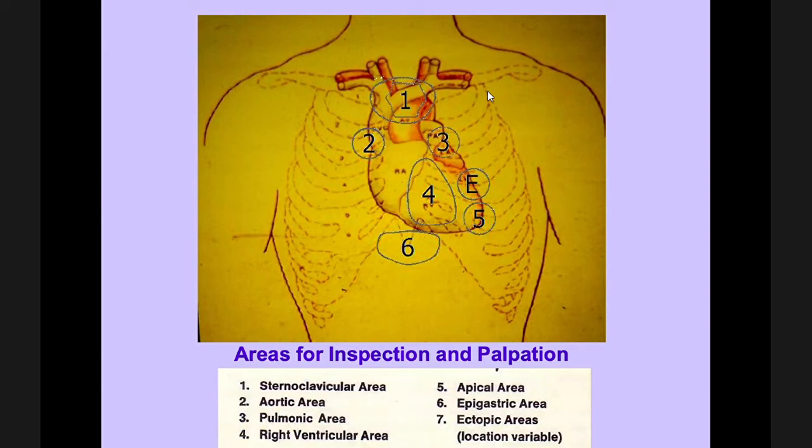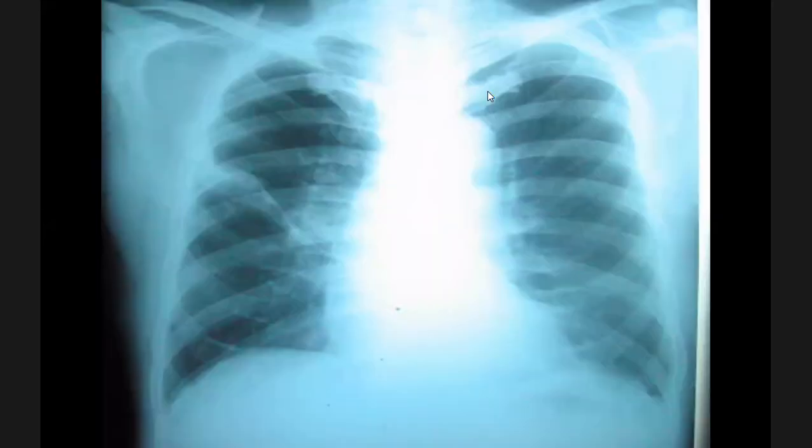Okay. Same pa rin siya. So this is your heart. This is the cardiac shadow. So this is your aortic knob. So this one is the area of your right ventricle. You have to be imaginative. This is the area of your right ventricle.